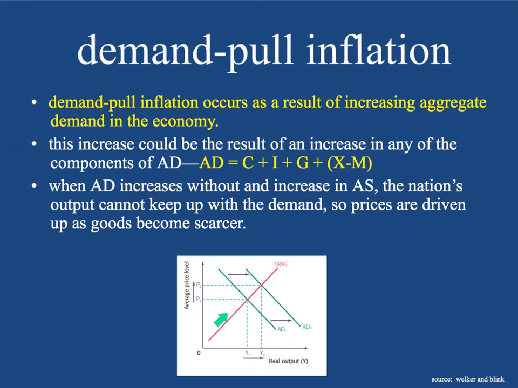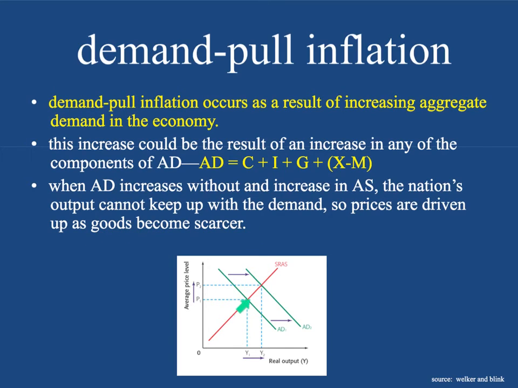And as a result, demand is going to pull up the price levels, and that's why you call it demand pull inflation. So when AD increases without any increase in aggregate supply, the nation's output cannot keep up with the demand, so price levels are driven up as goods become scarcer.